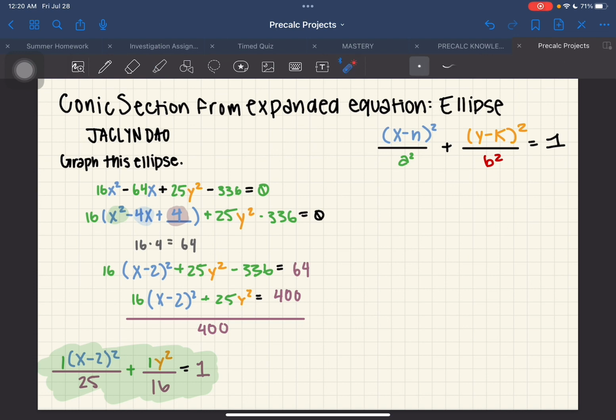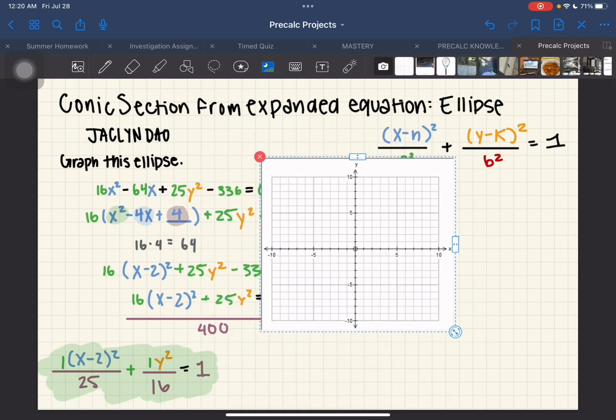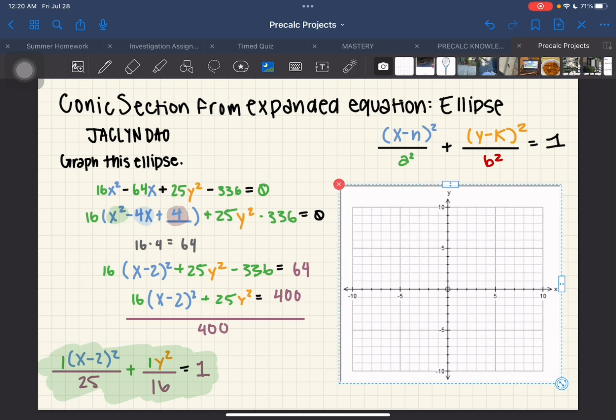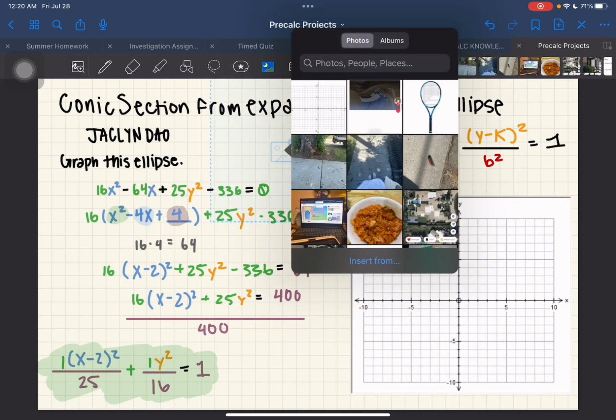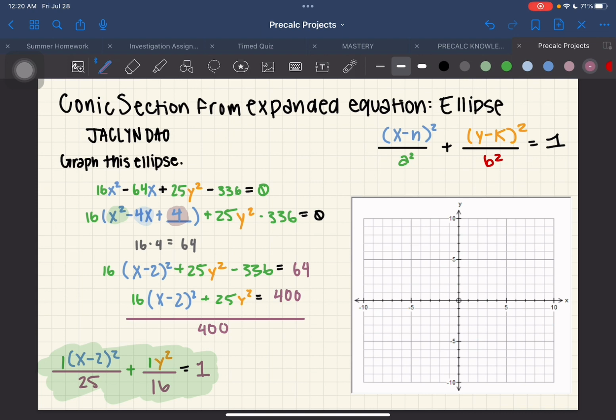Now, using the standard form, we have to graph this ellipse. So let me insert a graph right here. Apologies. So let's graph the center. We have (x minus 2) squared and y squared. That means k is equal to 0, because y minus 0 would just leave y squared.